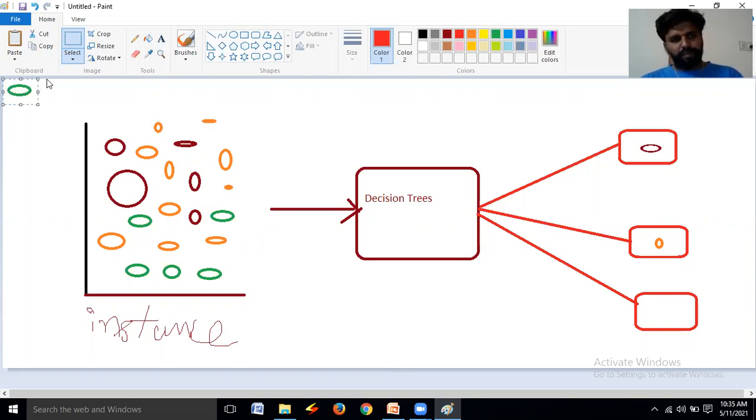These are called segments, right? These segments are also called leaf nodes of a decision tree.